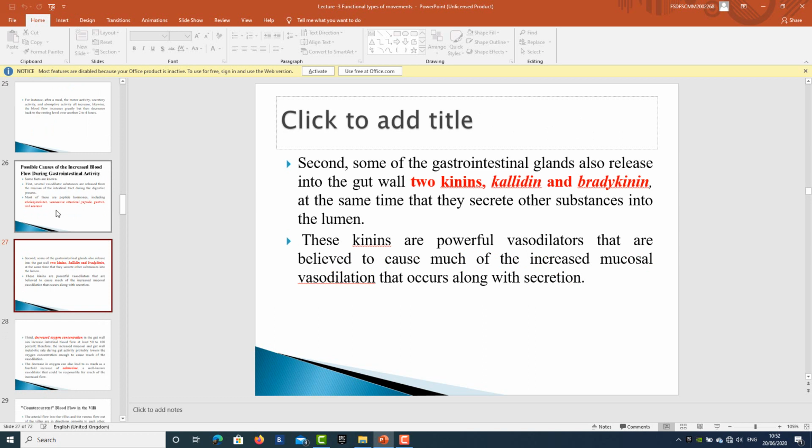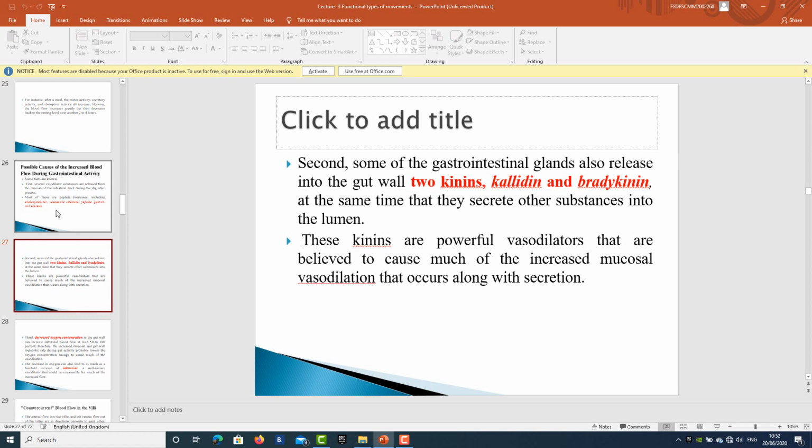Second, most of the gastrointestinal glands also release into the gut wall two kinins, like kallidin and bradykinin, at the same time that they secrete other substances into the lumen.